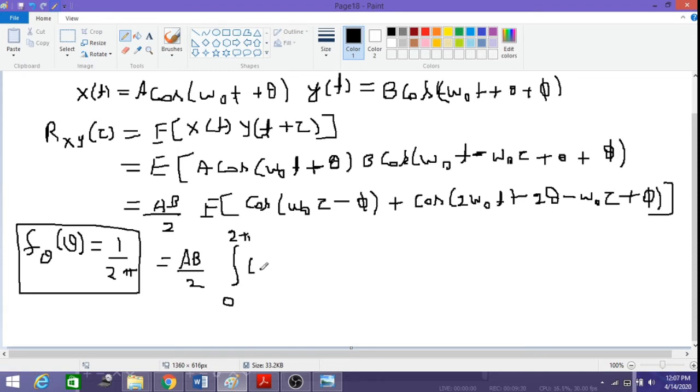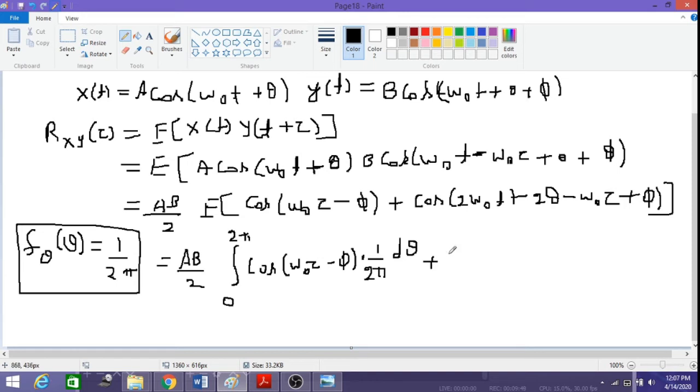So now here we have our cos x term, that is a cos of omega naught tau minus phi, into 1 by 2 pi into d theta. So now we have to integrate with respect to d theta.